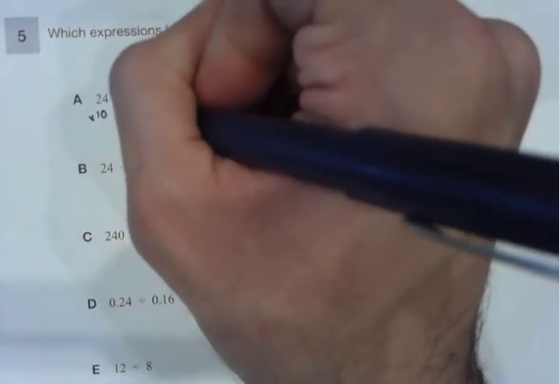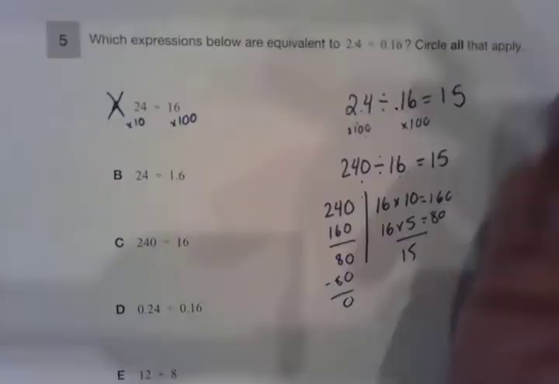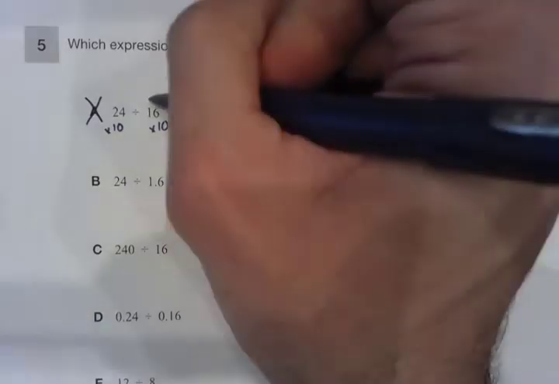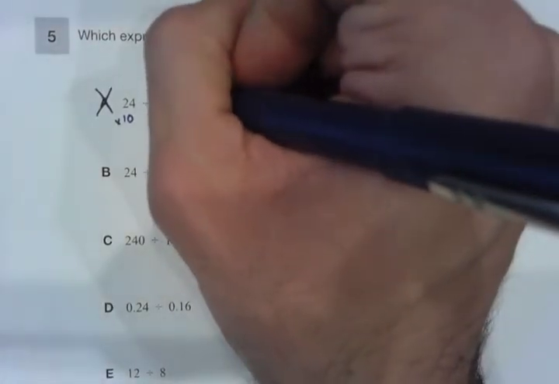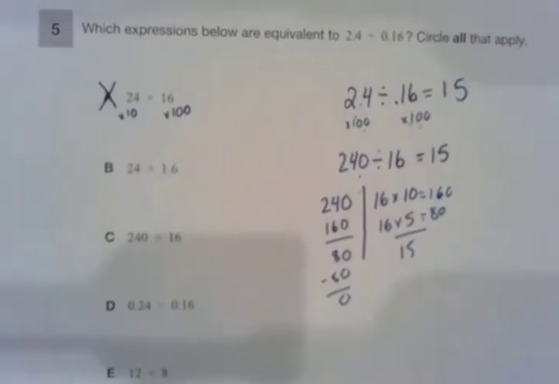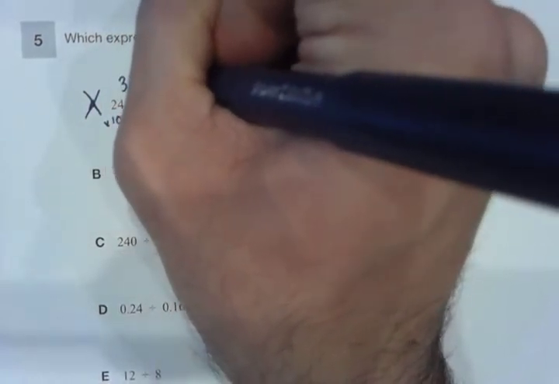So here, I noticed they multiplied by 10, but over here, they multiplied by 100 to get 16. So that already lets me know that this is not going to equal 15 as well. And another way we could check our work: I know one group of 16 fits into 24, but that's about it, because 32 divided by 16 equals 2.